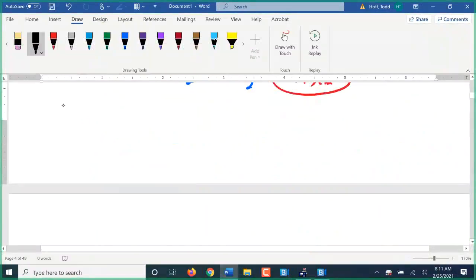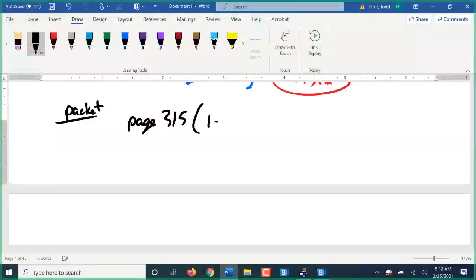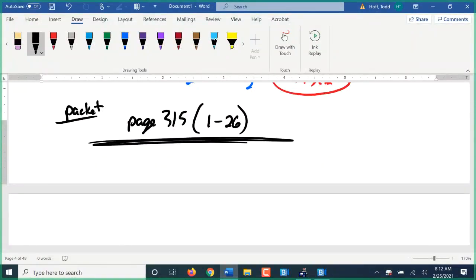You have a packet out there. In the packet, it is page 315, 1 through 26 are the problems that deal with these arcs of the circles. There's a quiz out there, by the way. I don't remember if it's for today or if I left it for Monday. Let me double check here quick.